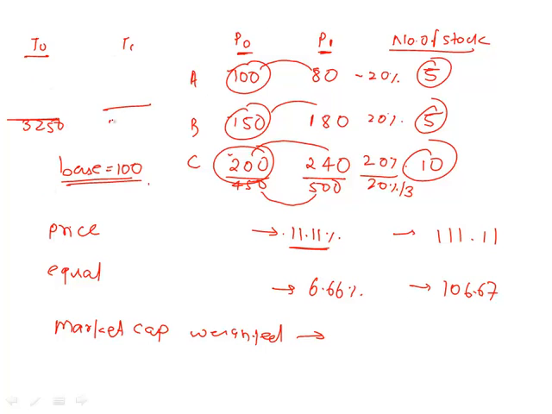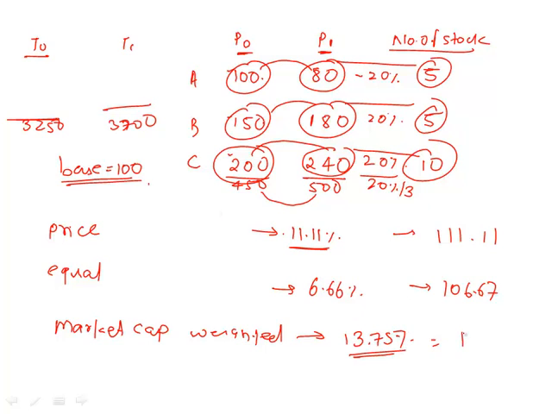And the value at time 1 was coming out to be 3700. 400, 900, that is 1300, and 2400, so 3700. That would give us an increase of 13.84%. So 113.84 is the index value.